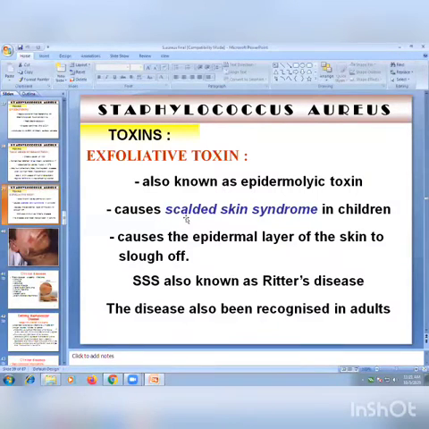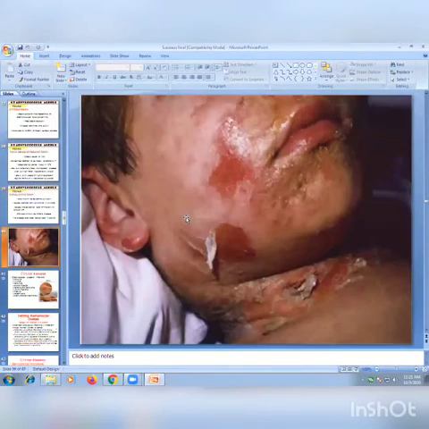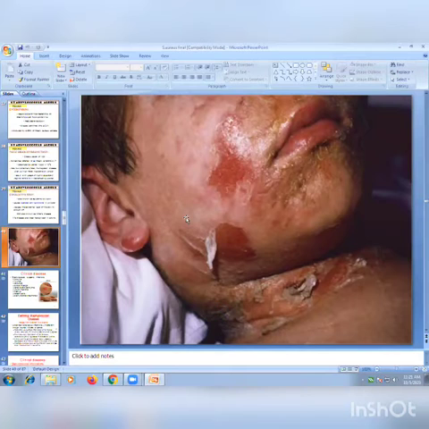Scalded skin syndrome, also known as Ritter's disease, is also being recognized in adults. So you see the picture: the upper layer of the epidermis is separated, and regions all over the skin peel off separately. That is because of the scalded skin syndrome toxin.